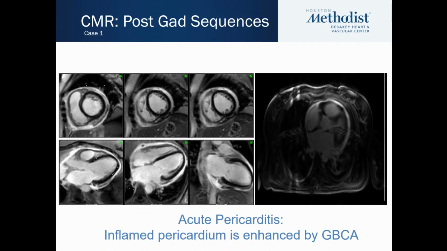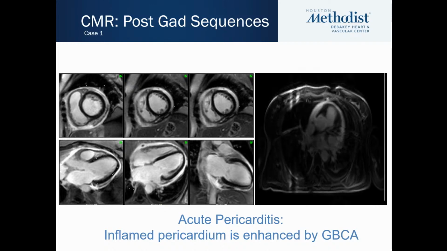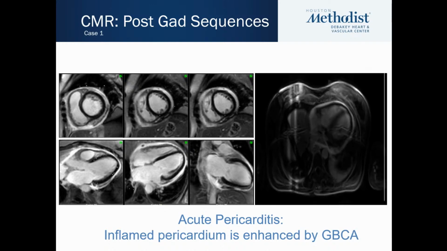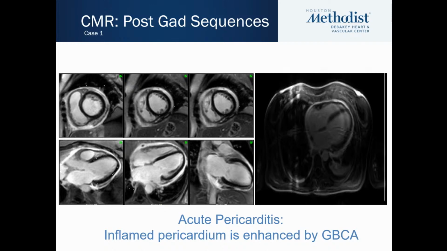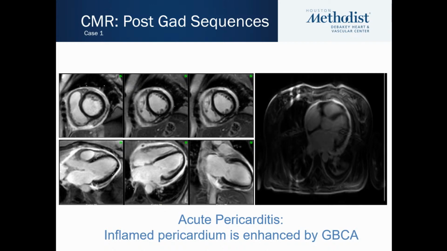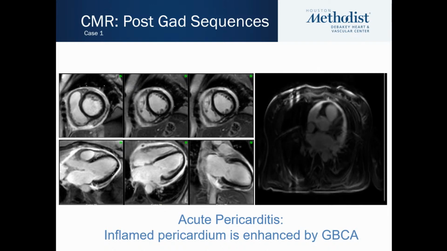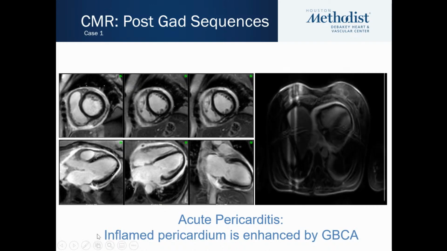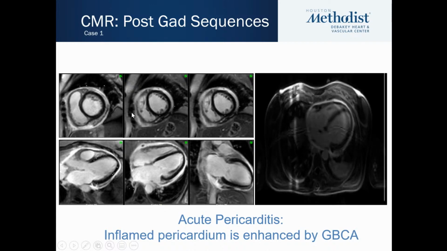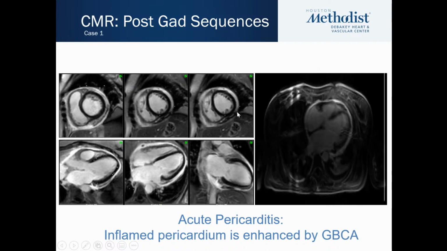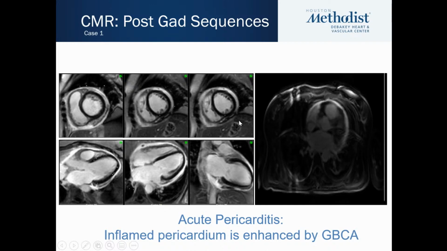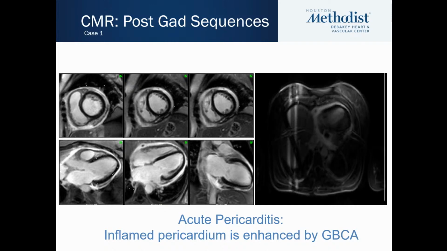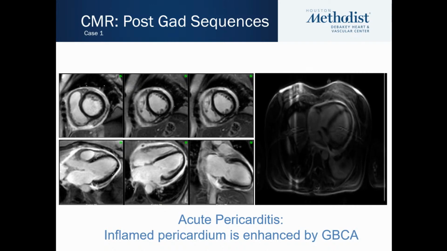In the setting of inflammation, where there's a lot of neovascularization, a lot of granulation and fibrotic tissue, the pericardium all of a sudden takes up the ability to take up our gadolinium agents. And if you look at this heart, and I hope you'll get accustomed to seeing these images, all this brightness that you see circumambulating the heart is evidence of LGE uptake by the pericardium, very nicely shown by this kind of 3D sequence for LGE.